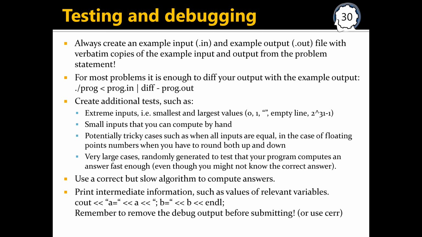Then you can use this slow algorithm to verify your fast algorithm by computing the correct answer to the test cases, and then you can verify that your solution finds these. Debug outputs are something very useful to use as well, one of the main methods to understand what's going on.